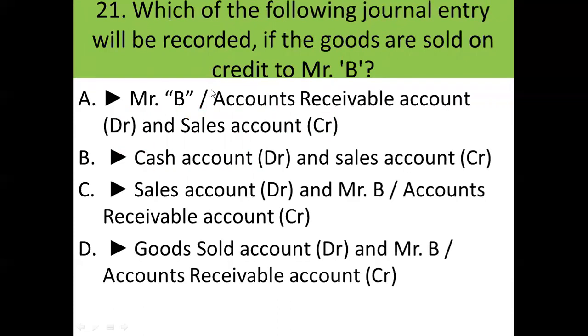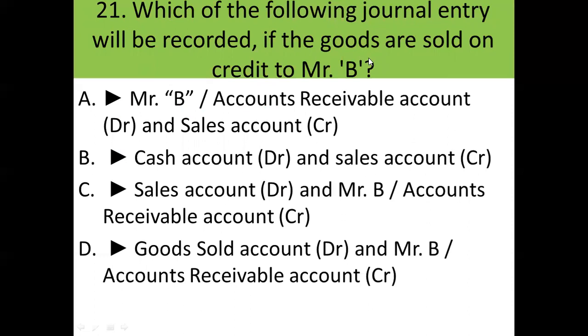Which of the following journal entries will be recorded if the goods are sold on credit to Mr. B? This is a sale on credit. If we sell on credit, we have to debit debtors and credit the sales account.